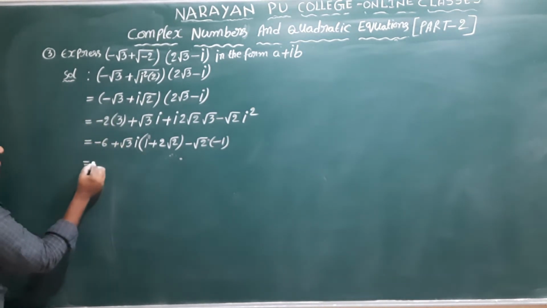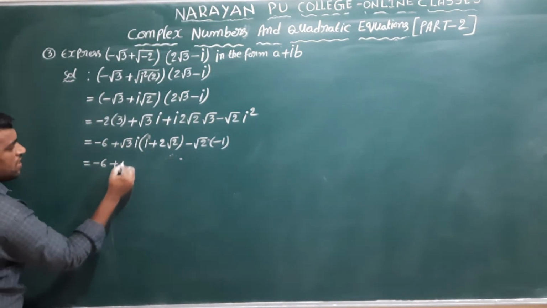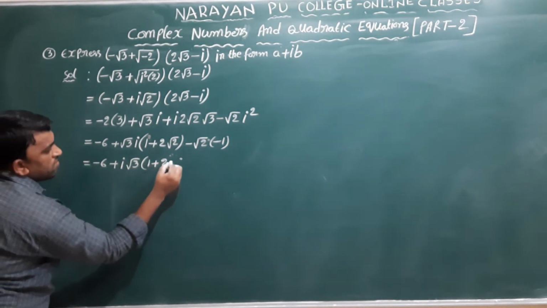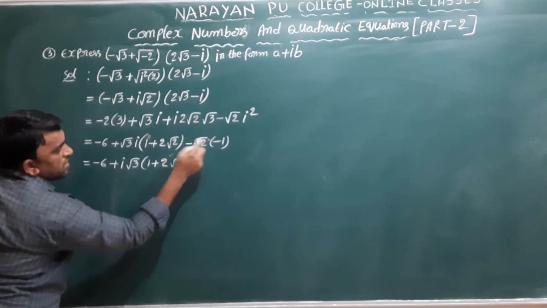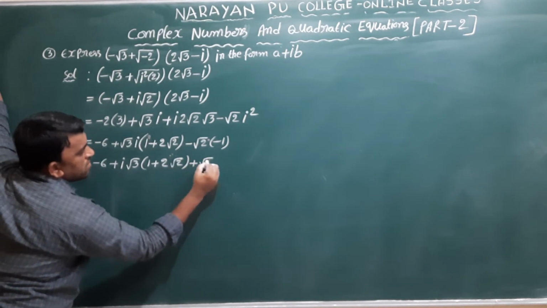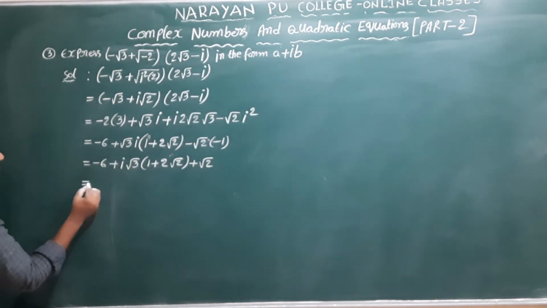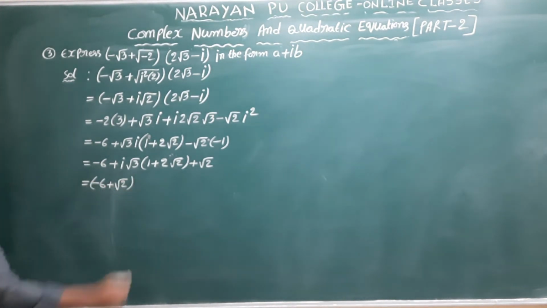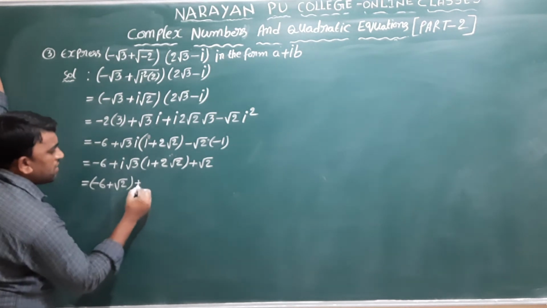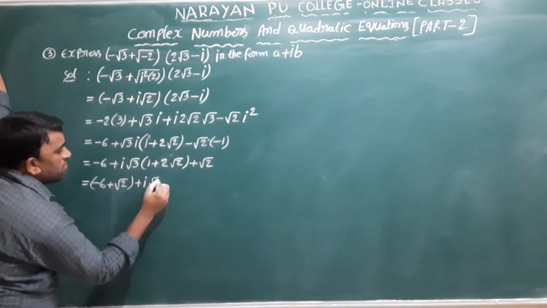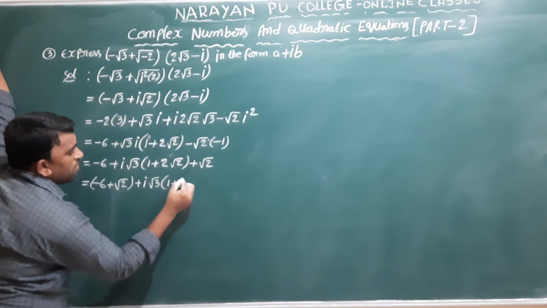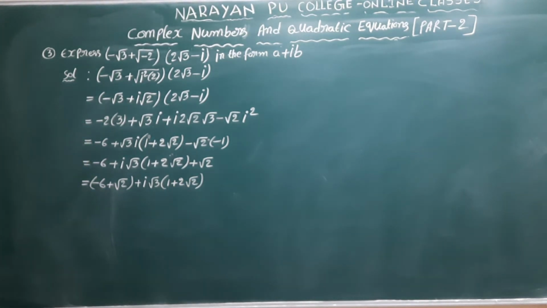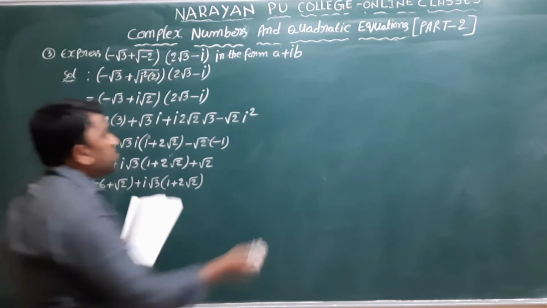So finally it is minus 6 plus i into root 3 into 1 plus 2 root 2, so minus or minus plus root 2. So real numbers we write one side: minus 6 plus root 2, that is the real part, plus the imaginary part i into root 3 into 1 plus 2 root 2. That is in the form of a plus ib. Next example.